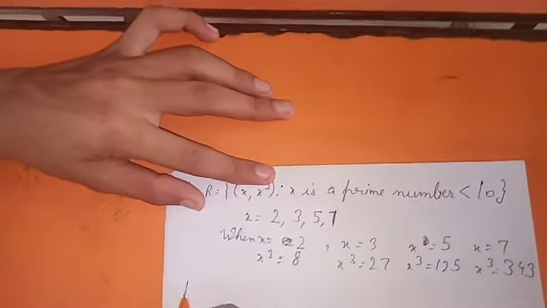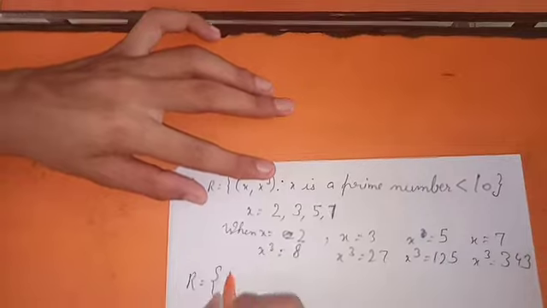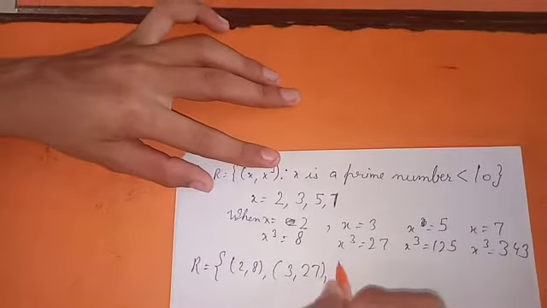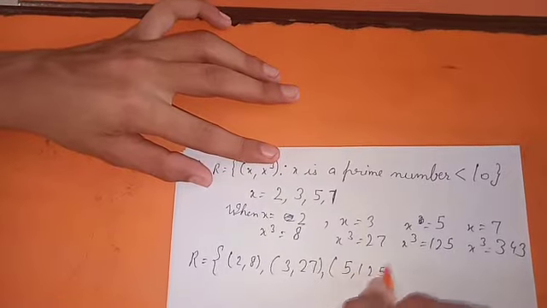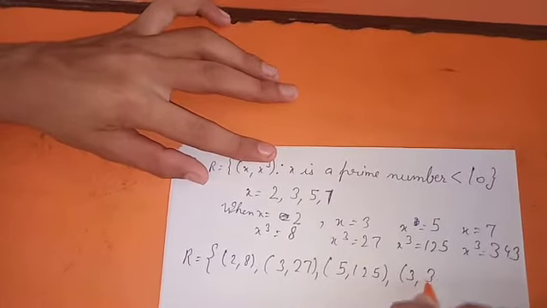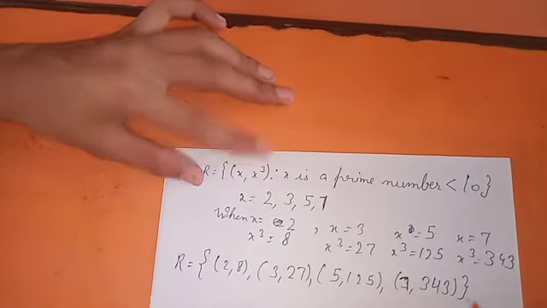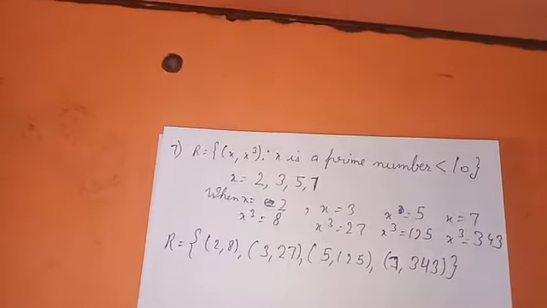Now we have to write this in roster form. That will be (2, 8), (3, 27), (5, 125) and (7, 343). It is our relation R. Is it okay?